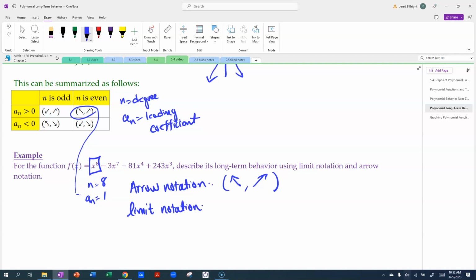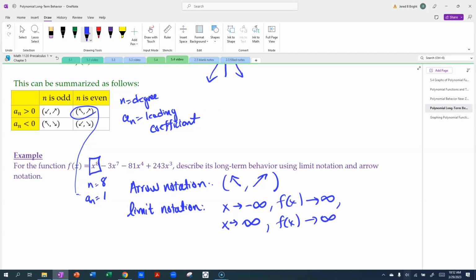what I need to say is that as x goes to negative infinity, as I go to the left, that's this first part, f of x is going towards infinity. I never want to say it's equal to infinity. Infinity is a concept, not a number. So that's half of the limit notation for this. The other half would be as I go to the right, what is happening to the y value?